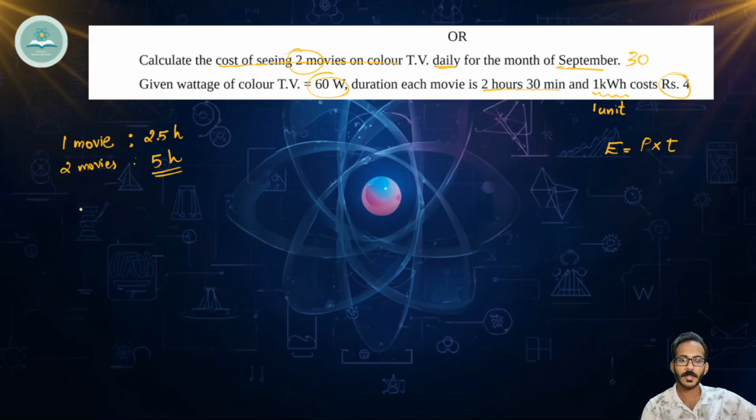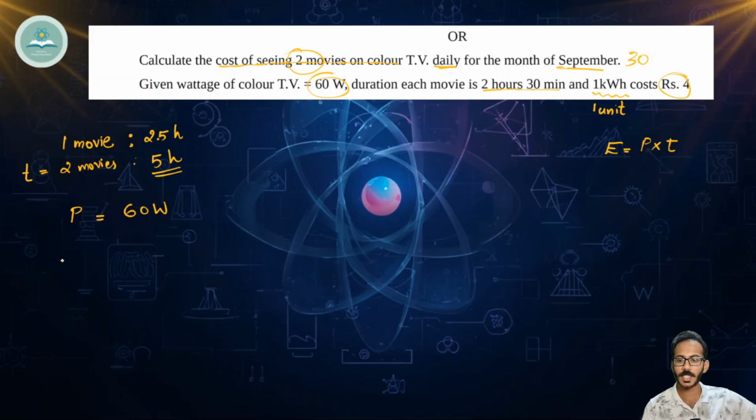Now, the power of the TV is given as 60 watt. So the time is 5 hours and the power is 60 watt. This is for 1 day. In 1 day we are watching 2 movies, so we are using the TV for 5 hours and the power of the TV is 60 watt.